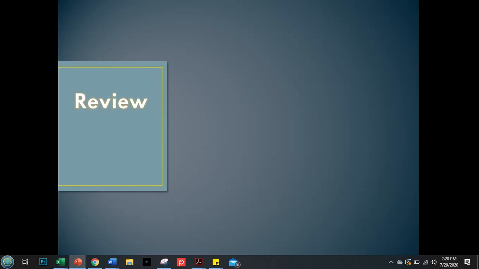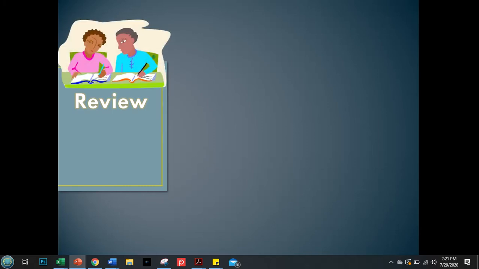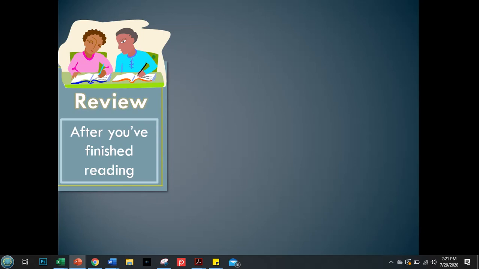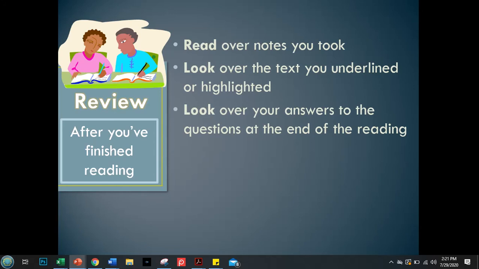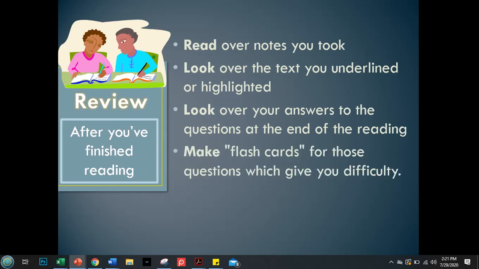So our next R is review. This is our last R. Review after you've finished reading. Read over the notes you took. Look over the text that you underlined or highlighted. Look over your answers to the questions at the end of the reading.